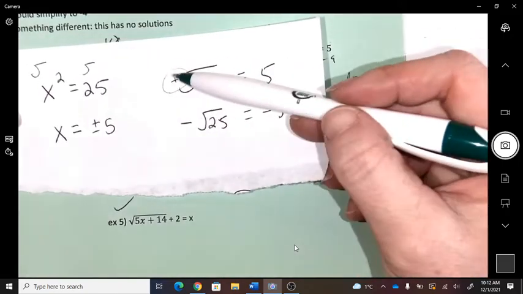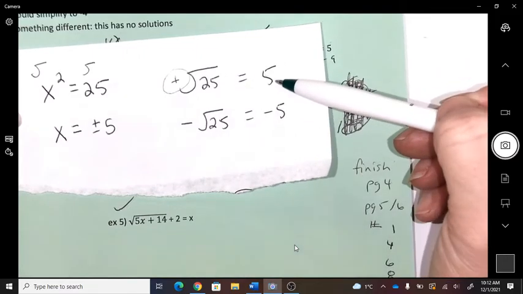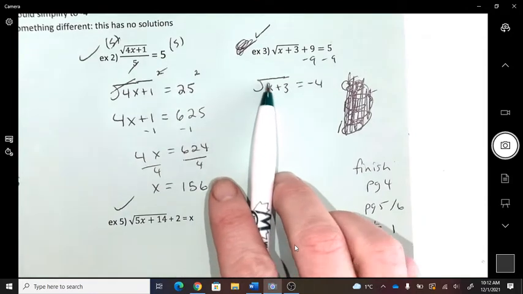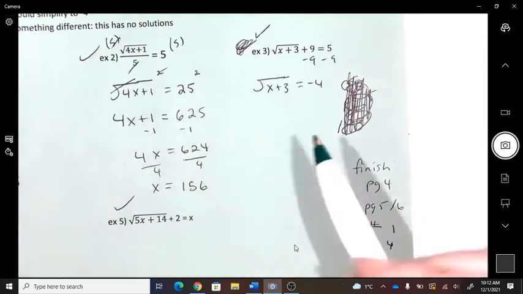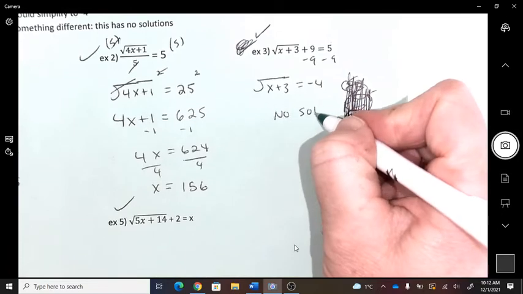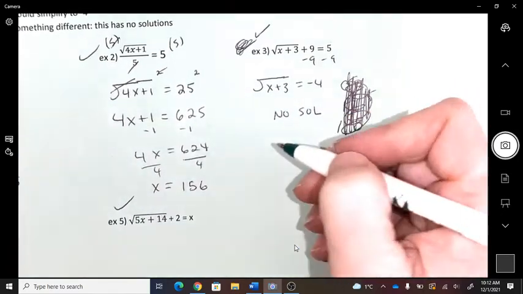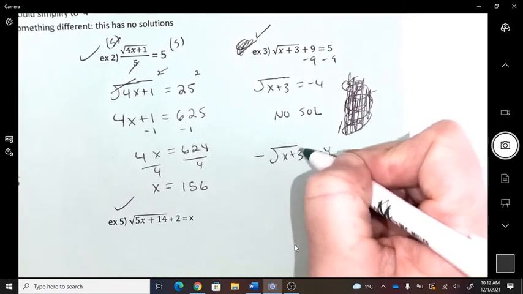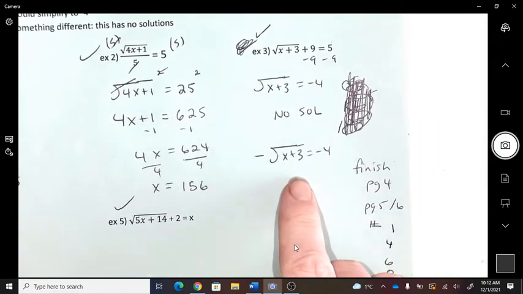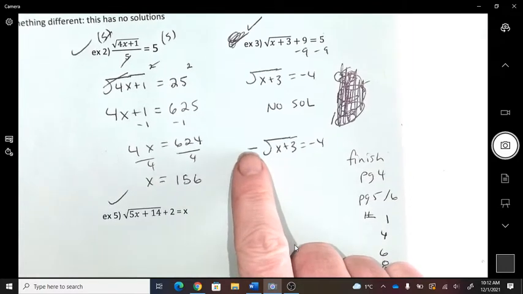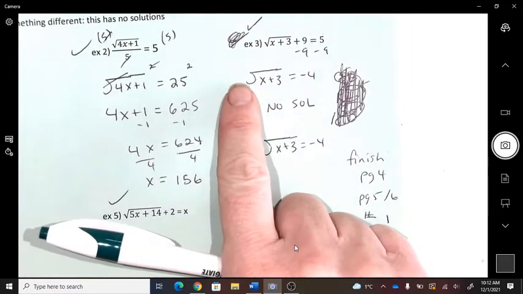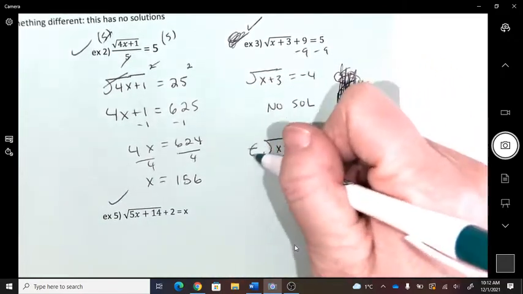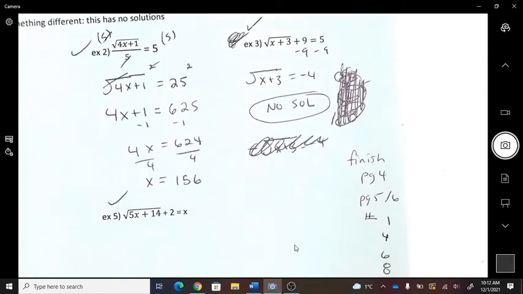If I have the square root of something, it's implied that it's going to be the positive version. So this will never square root to be negative 4. Unless I had a negative in front, that would work, because now I'm doing the negative root of something. But this is saying the positive root to be negative 4. That's not going to work out for us.